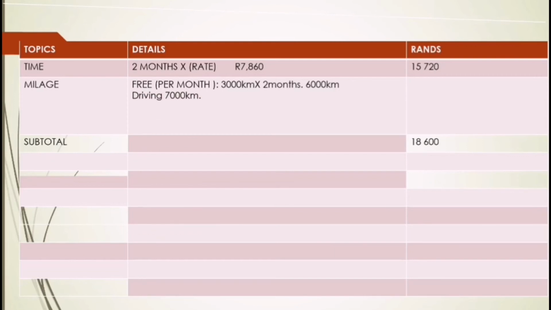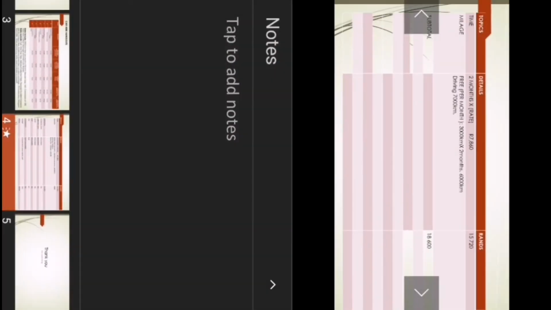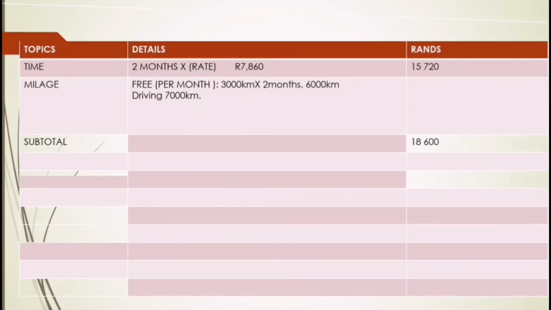The second element that we're looking for here is how many kilometers this person is going to be driving. This person will be driving 7,000 kilometers, and then you do the math and find out that the extra kilometers that this person is going to be driving is 1,000 kilometers.